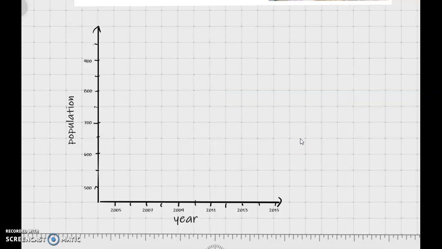Okay, so the first year, 2005, the population was 550. So I'll go to 2005 and I'll go up until I'm at the 550 mark, and I put a marker in there. The next one, it dropped to 500. That was in 2006. So I'm just going to put a marker there.